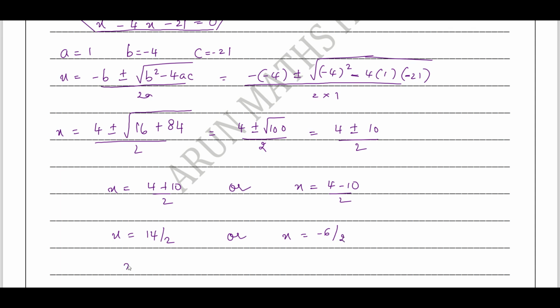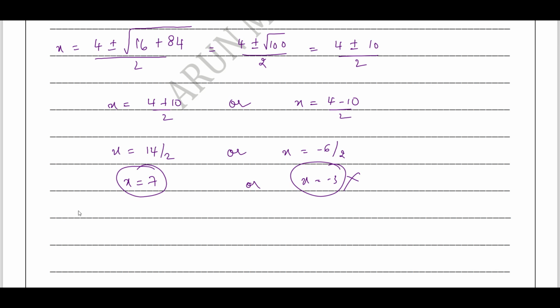So 14 by 2 is 7. Therefore x equals 7 or x equals minus 3. Since age cannot be negative, x equals 7, the age of Rahman is 7 years. The present age of Rahman is 7 years.